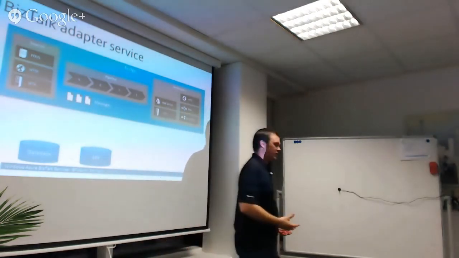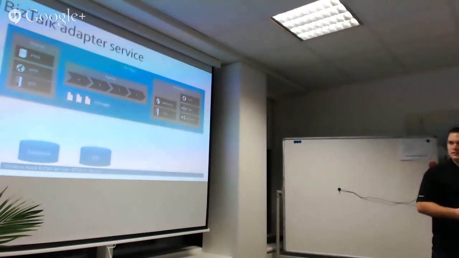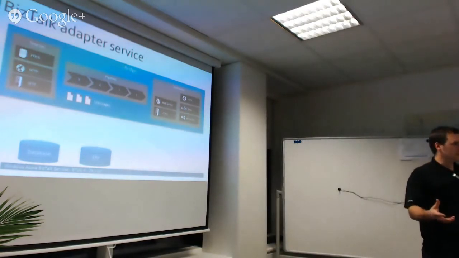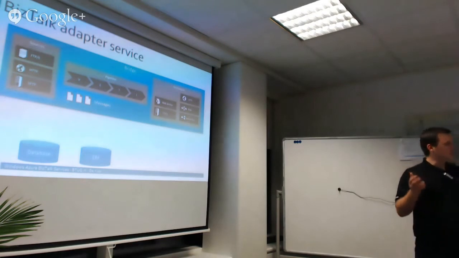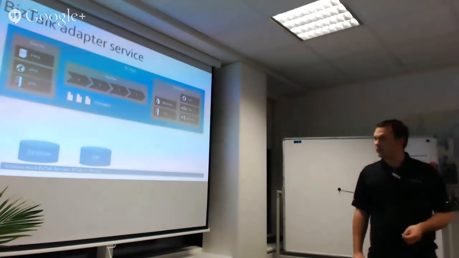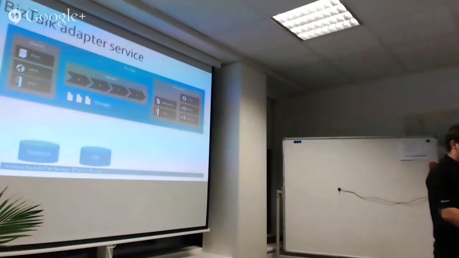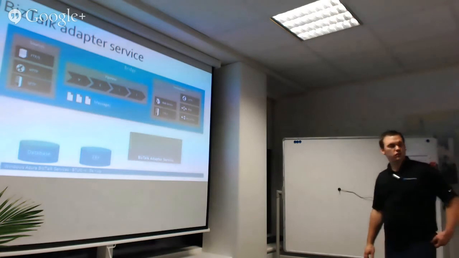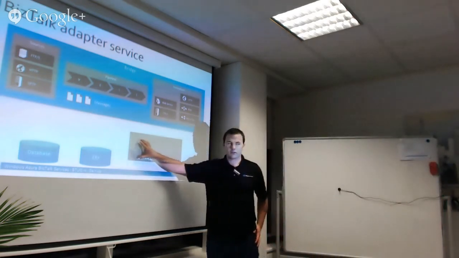If there's one thing that BizTalk was pretty good at, and is pretty good at, it's the adapters that they have. If you want to connect with SAP, there's an adapter. Oracle applications, adapter. Web services, adapter. POP3, whatever. Mainframe, there's an adapter, right? And they want to have the same concepts. So what they have, and it's similar to the connector that we have built and that I showed, you can install a BizTalk adapter service.